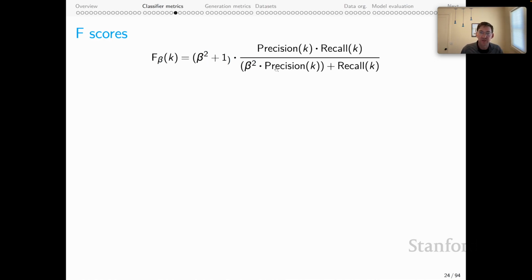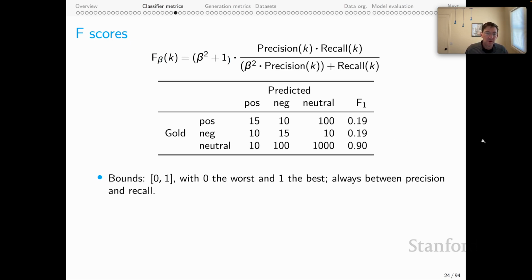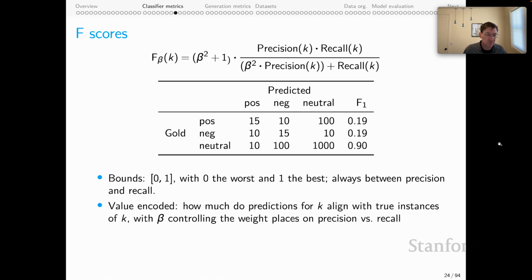But by default, it's 1, which is an even balance, and what we're doing is simply the harmonic mean of precision and recall. This can be a per-class notion, so I've given the F1 scores along the rows for each one of those classes. The bounds are 0 and 1, with 0 the worst and 1 the best, and this is always going to be between precision and recall as the harmonic mean of those two.